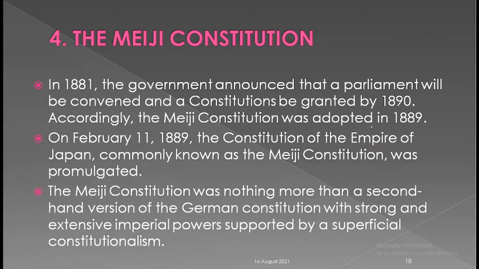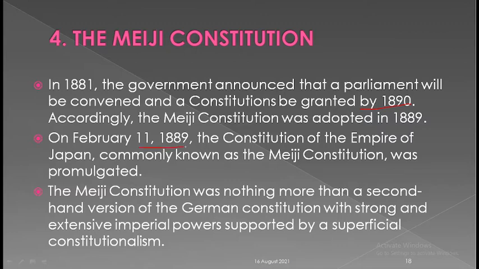So, to appease the people, the Meiji government finally announced in 1881 that a constitution be granted with a parliament in 1890. And accordingly, in 1889, a constitution was adopted, and in 1890, it came into force.